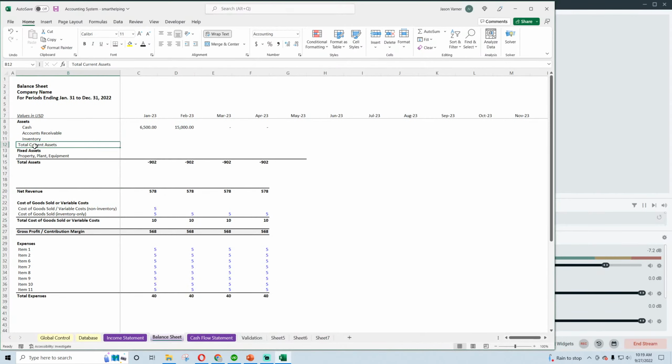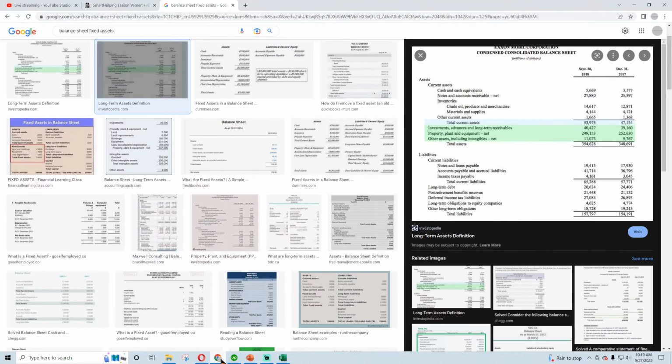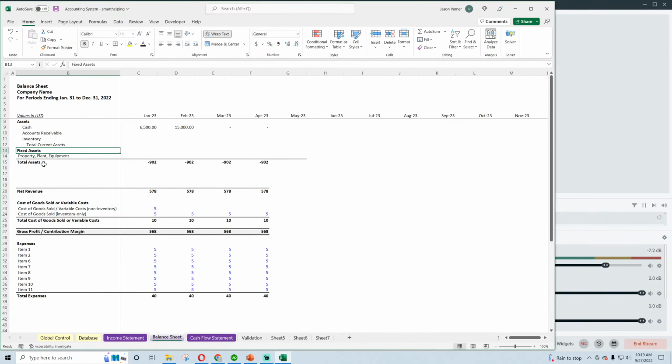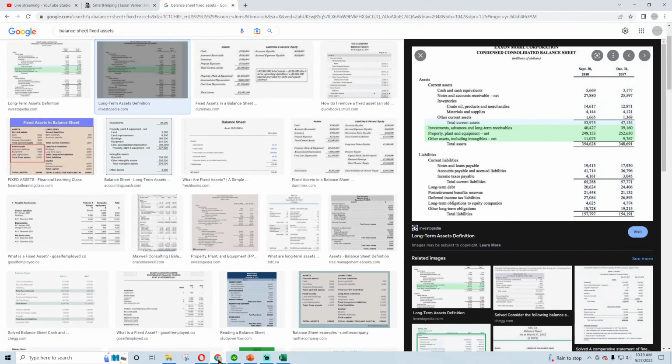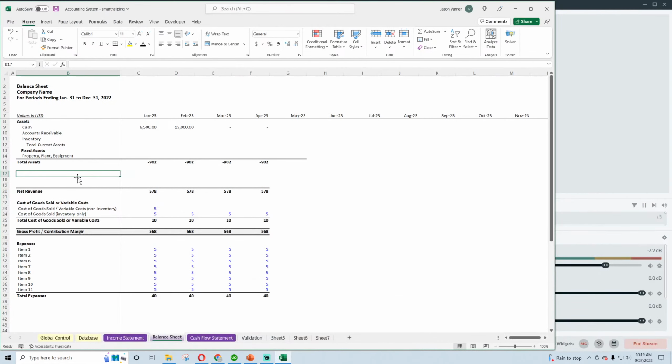And then you come all the way in for total current assets. Okay, and then you come back out for property, plant, equipment. And then this is going to be all the way in.